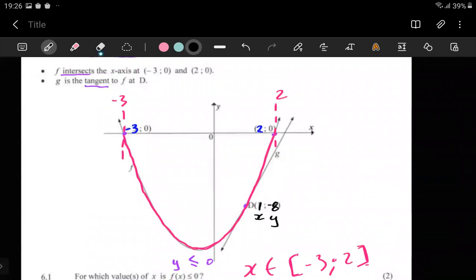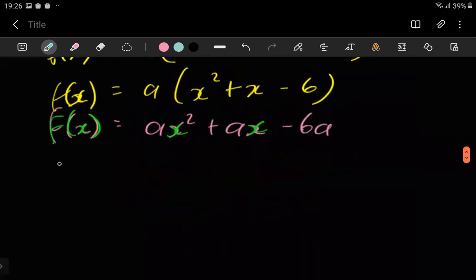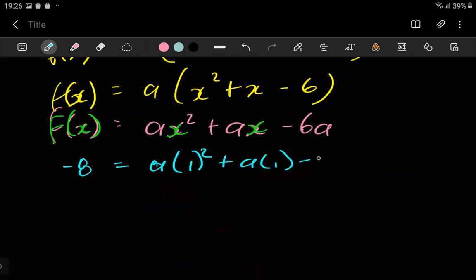So in our equation, where x is, we're going to throw a 1. Where y is, we're going to put a -8 there. So this is going to be -8, and we throw a 1 in for each x. This is clearly giving us a plus a. Nope, there's supposed to be an a here.